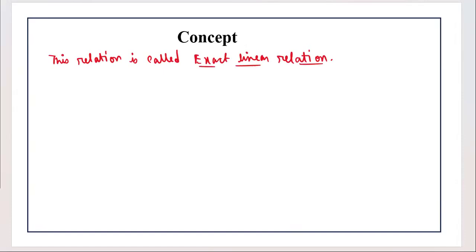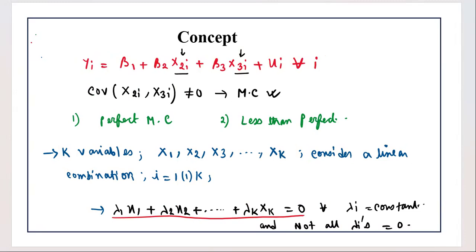Now, let lambda 2 be not equal to 0. Suppose in this particular relationship, lambda 2 is not equal to 0.